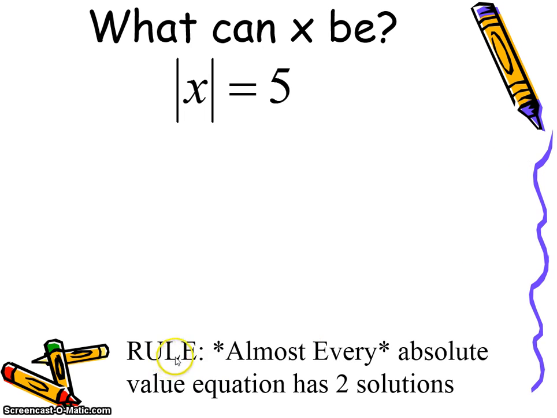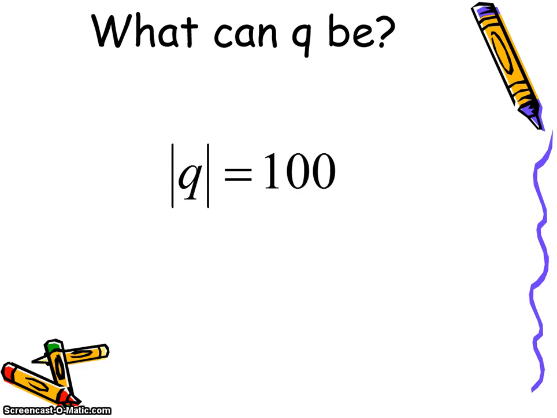Here is the rule. Almost every absolute value equation has two solutions. For instance, this equation also has two solutions. How far away from 0 would q be if it equals 100? In other words, what values are 100 away from 0?